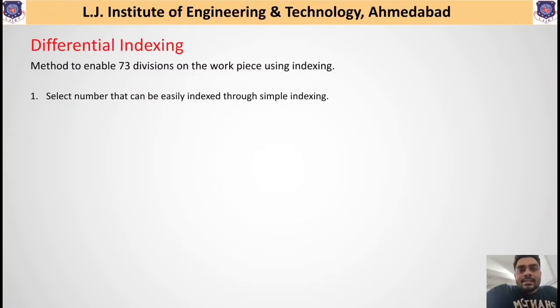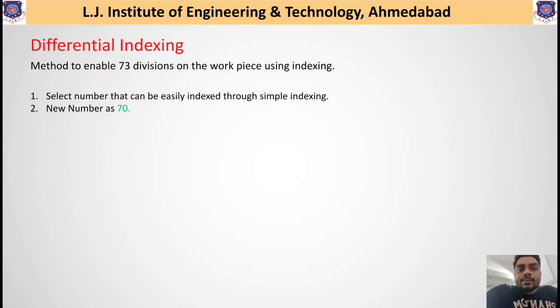The nearest number to 73, which is a multiple of 10, is 70. So the new number that is selected is 70.